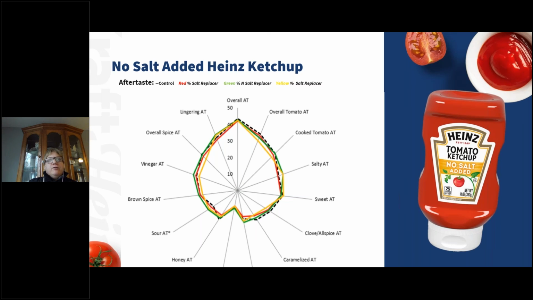Overall tomato flavor, the cooked tomato, saltiness, sweetness, clove or allspice, caramelization, green, onion, honey, sourness, brown spice, the vinegar, overall spice, and if there's any kind of lingering aftertaste. Next slide, please.